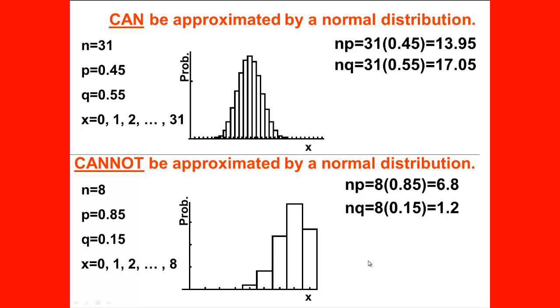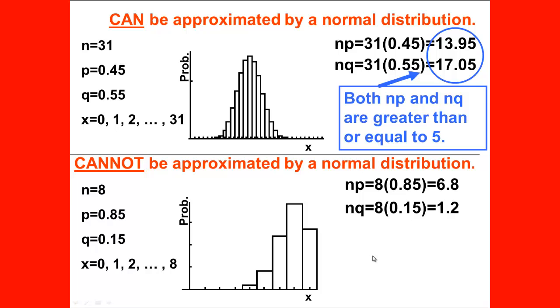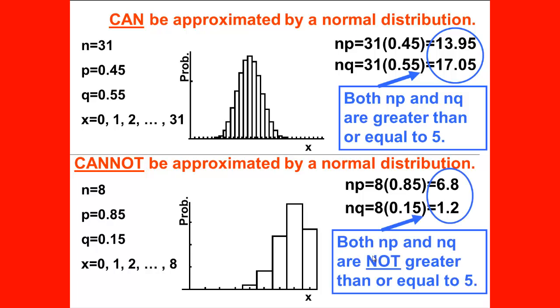N times P in the second one gives us 8 times 0.85, and N times Q gives us 8 times 0.15, giving us 6.8 and 1.2 respectively. Both NP and NQ are greater than or equal to 5 in our first example, but not in the second example.